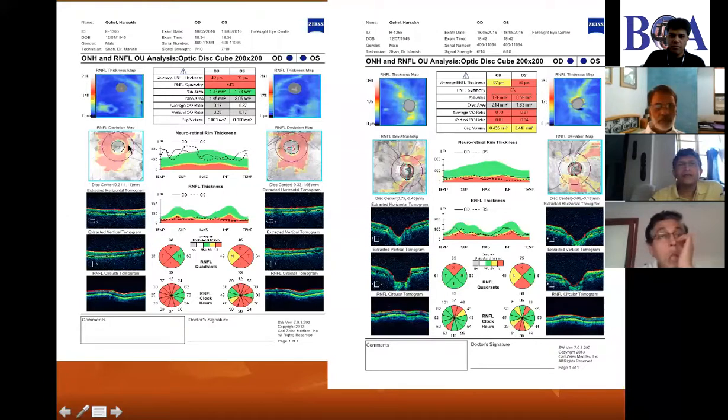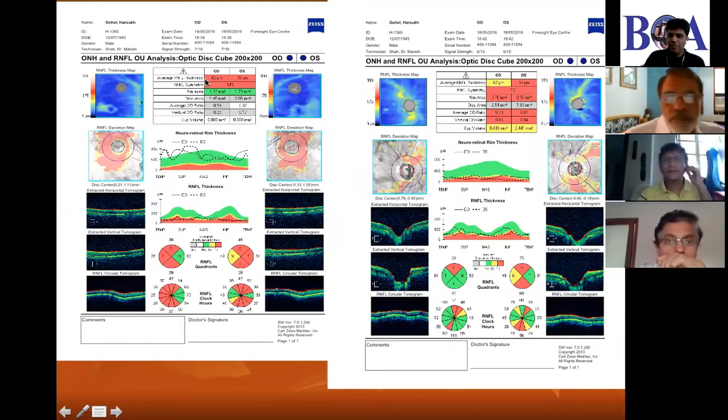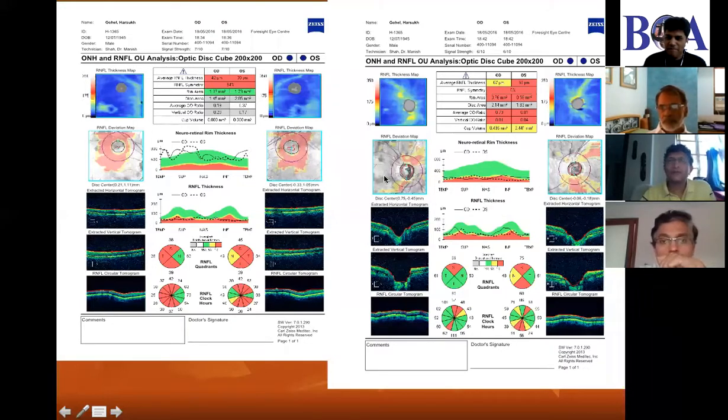So you know that this is a wrongly centered scan, and the machine is not able to pick up this wrong centering. All the reliability indices over here are fairly good. You have to use your brains and see that this is a wrongly centered picture. Repeat the centering, repeat the picture, and only then will you get the useful image. If this is the image you had got and you had relied on this, you would have gone completely wrong.